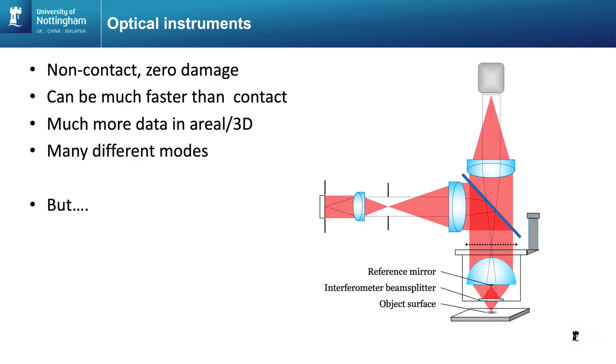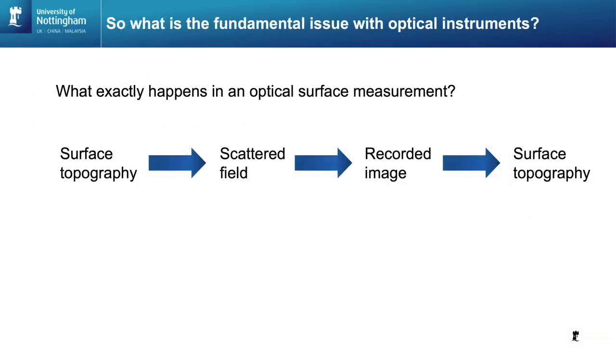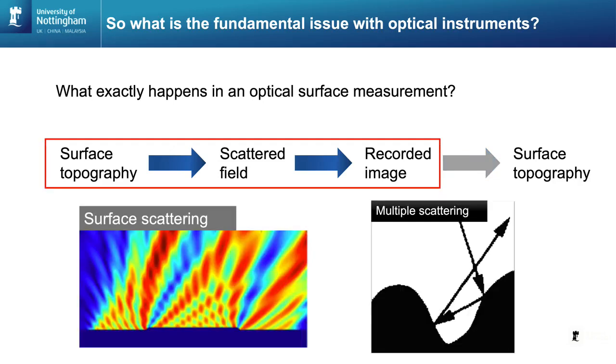And there are many different modes which can solve different problems, address different types of surfaces. But, and this is the big but, this is the big difference between contact and optical instruments, they are very difficult to model. So what's the fundamental issue? When we have a surface topography that we want to measure, we scatter light from that topography, and then we have to record some kind of image.